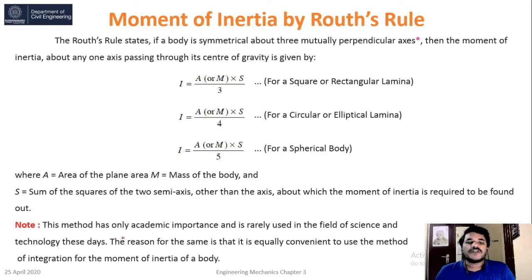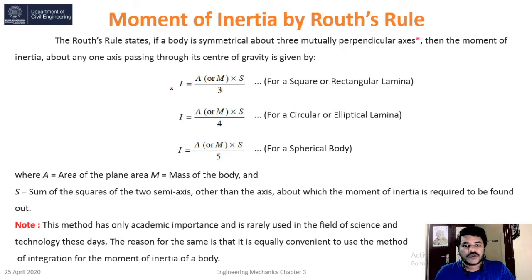First, how to calculate the moment of inertia by Routh's rule. There are standard formulas. The Routh's rule states, if a body is symmetrical about 3 mutually perpendicular axes, then the moment of inertia about any one of the axes passing through its center of gravity is given by 3 formulas.